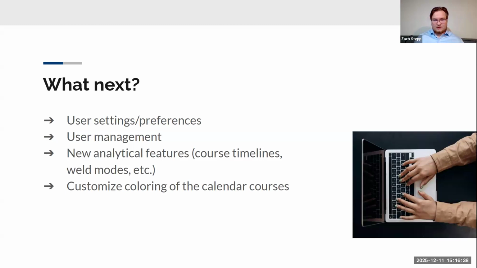So maybe they want to track how their students are doing in a greater summary, or sort by weld modes so that you can see in a more specific context how things are going, as well as maybe some more gamification, making it a more desirable app like Checkpoint by introducing some fun features like customizing the coloring of those calendar courses or similar features like that.